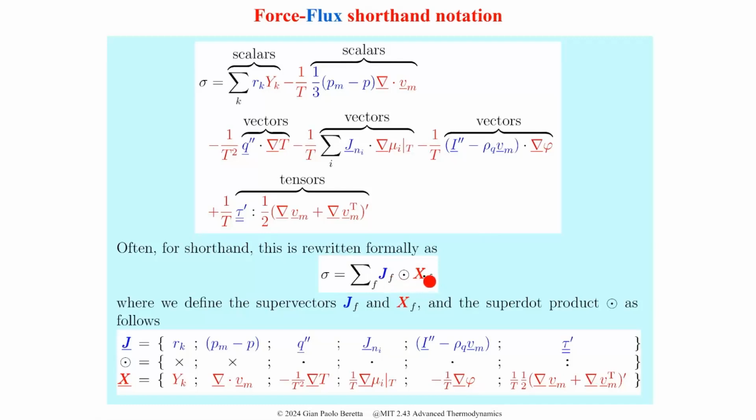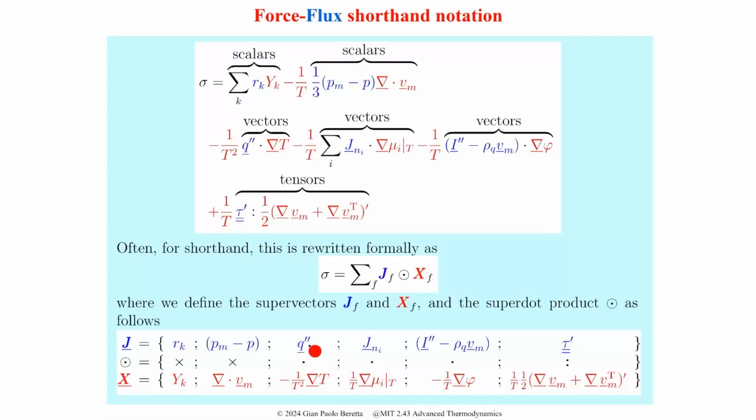Fluxes and forces. So this is a force-flux representation of the same thing, or shorthand notation. And this symbol here is whatever is appropriate to use when you have to multiply a scalar flux times a scalar degree of disequilibrium. It's just a simple multiplication, like here.